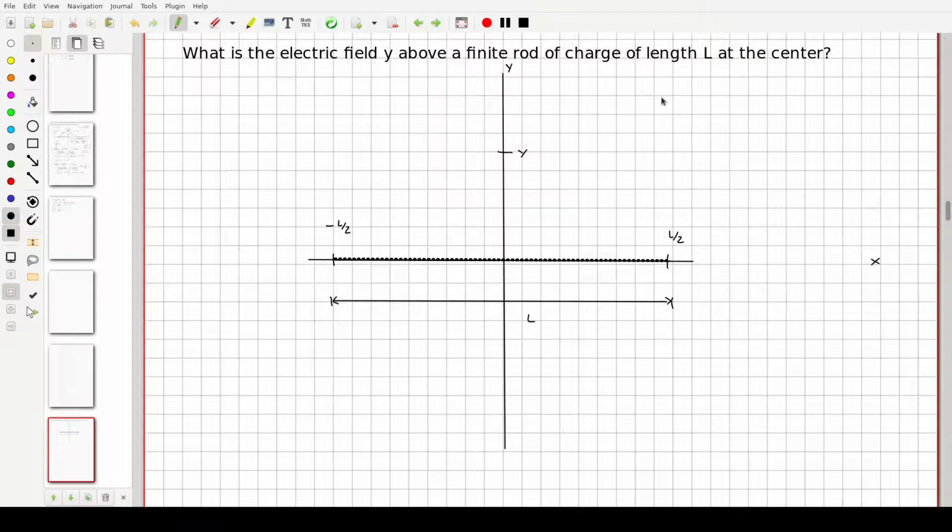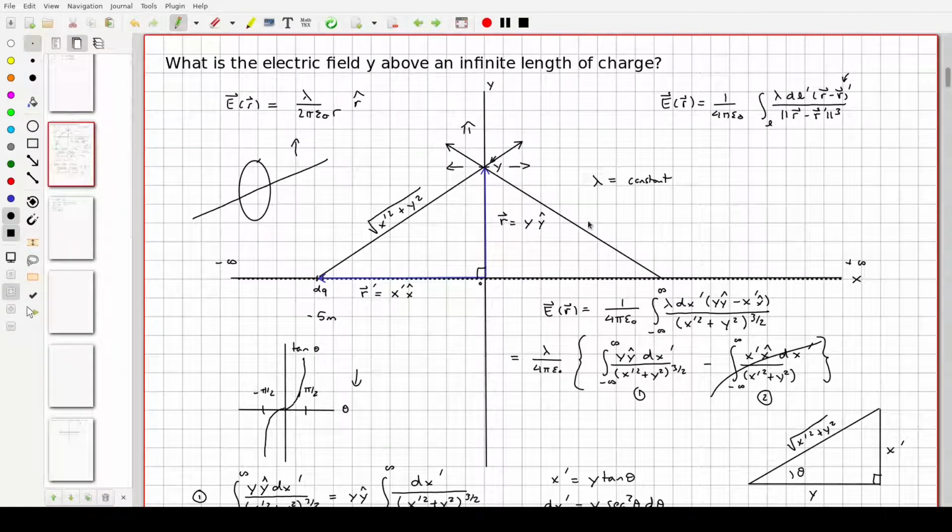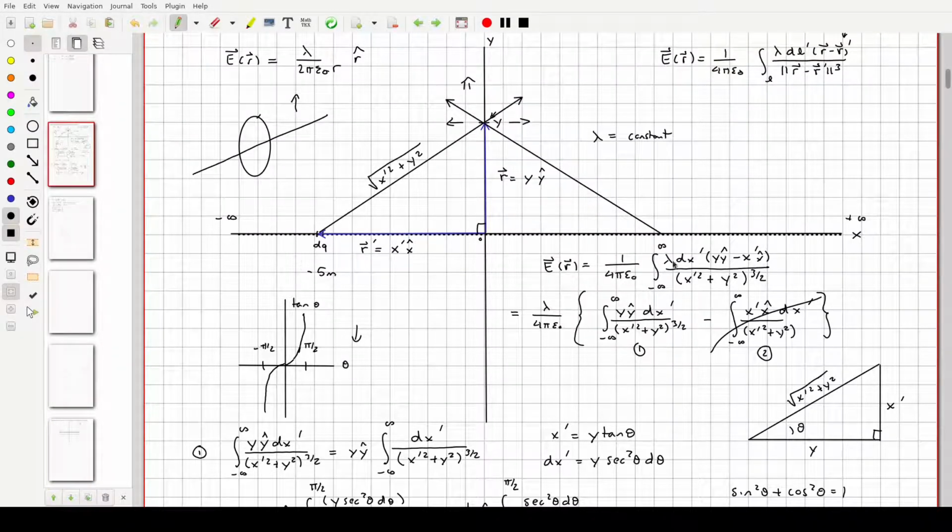So here, our charge density lambda, you could think of as being all of the charge Q that sits along the length of L. So you can actually write that out here. In the previous case, it's difficult to write that out since L is infinite.